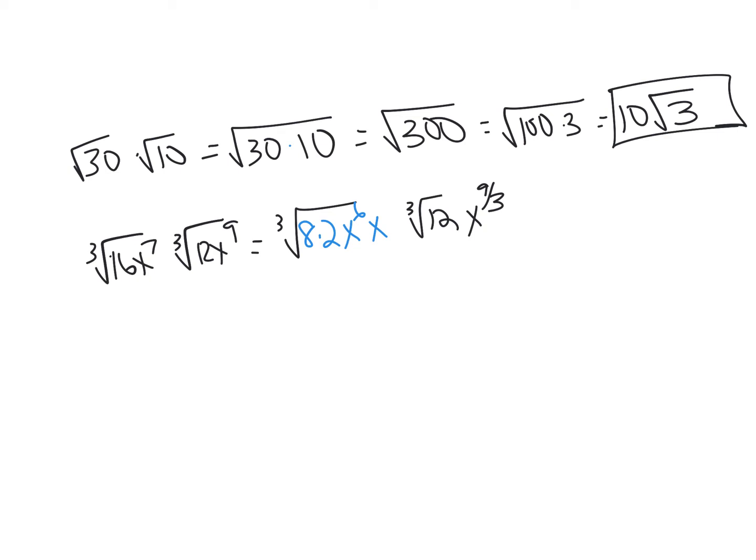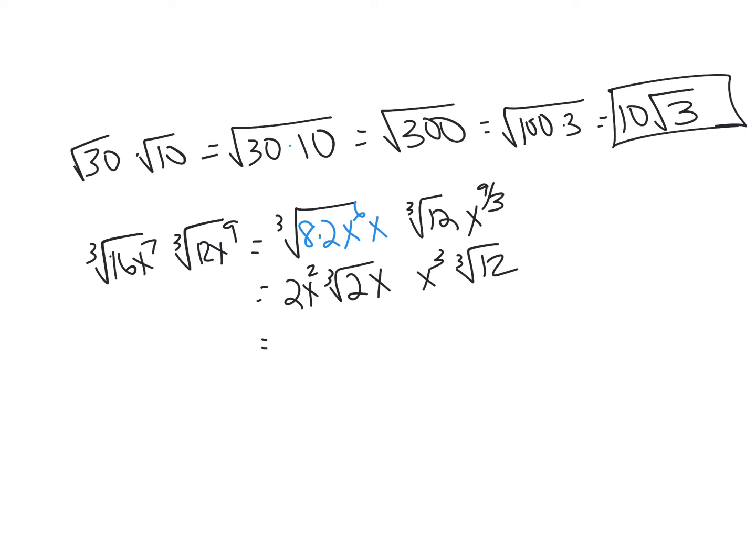So if we simplify, cube root of 8 is 2, so that gets booted outside. The 2 stays inside. The x to the 6th, I can divide by 3. So 6 divided by 3 is 2. And x to the 1st here, I can keep underneath. Well, on this side, 9 divided by 3 is 3, so I have x cubed. And again, cube root of 12 just stays underneath.